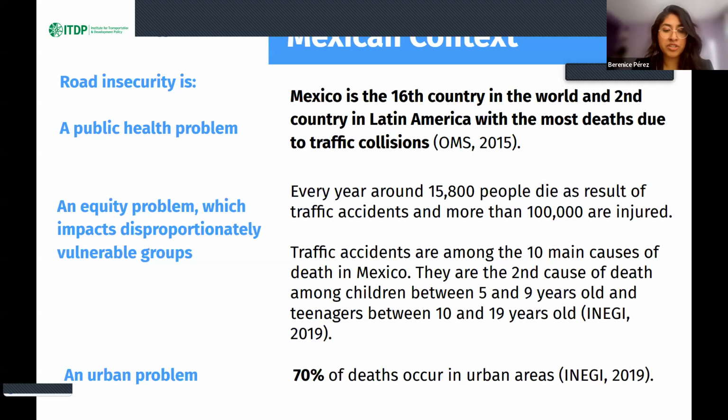It's also an equity problem because of the impact on vulnerable groups. Traffic accidents are one of the 10 main causes of death in Mexico, and the second cause of death in children between 5 and 9 years, and teenagers between 10 and 19 years. Finally, it's also an urban problem because 60% of deaths occur in urban areas.